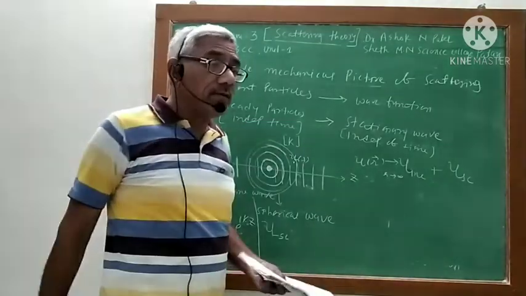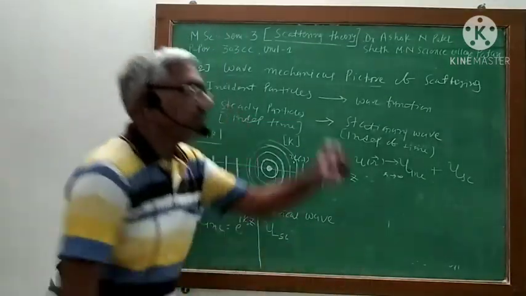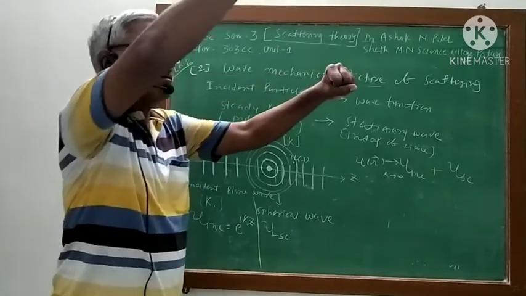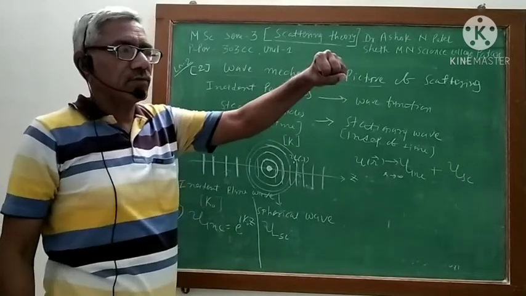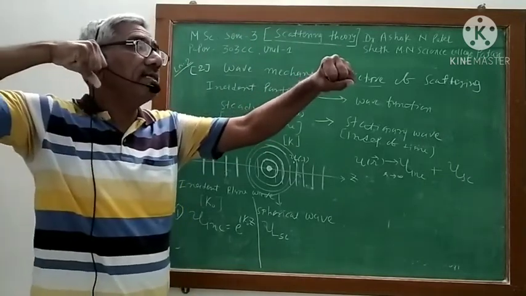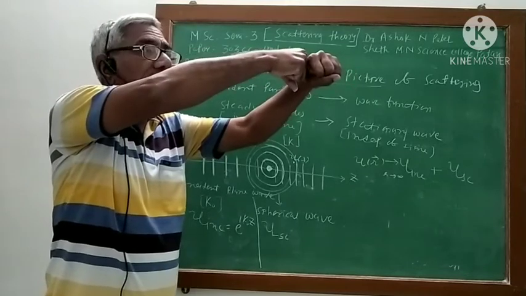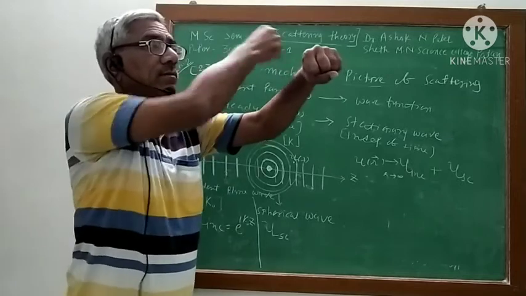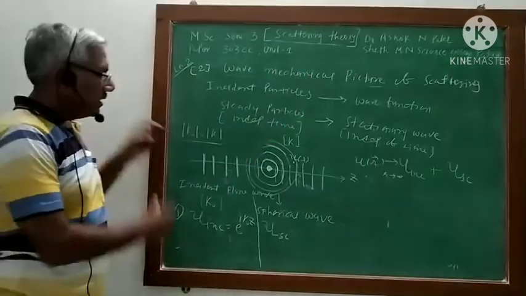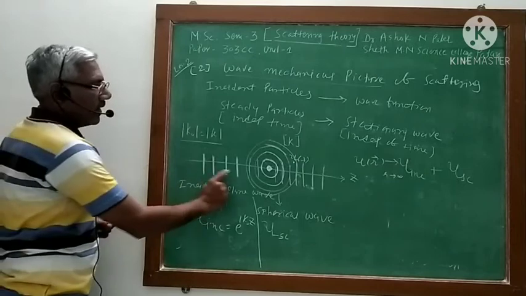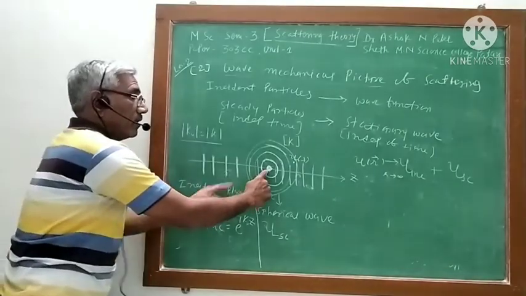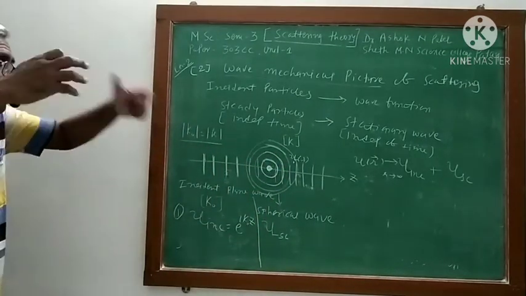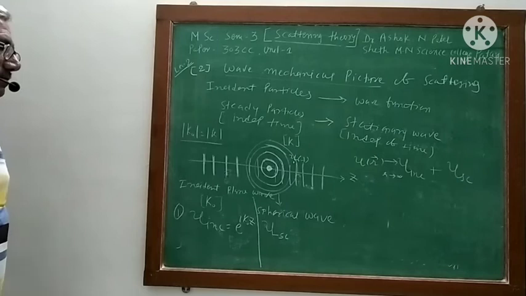Suppose in classical mechanics there is some target, and if I throw a particle over here, it gets deflected either in this direction or this direction. But when I say my incident waves are there, they can scatter in all directions, not in one direction. So here I assume that my incident plane wave, after scattering, becomes a spherical one. It moves spherically outward.